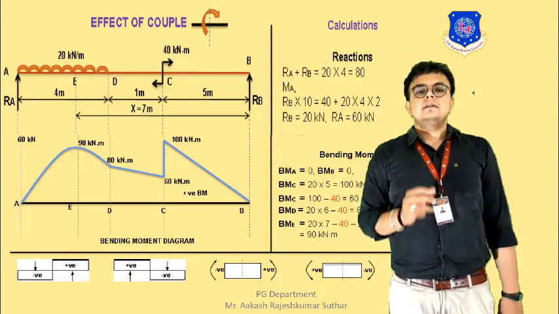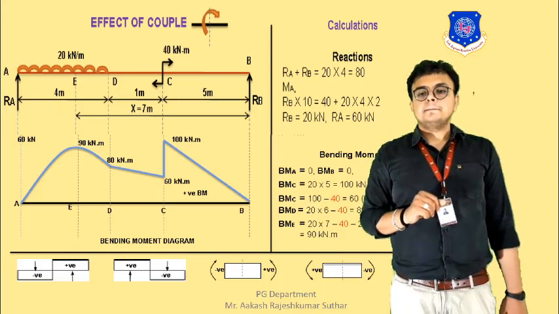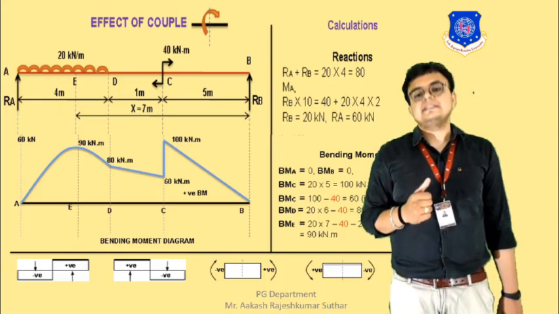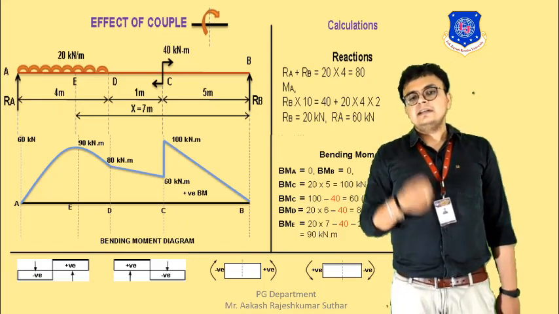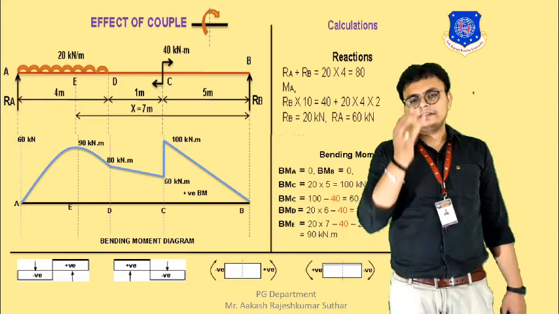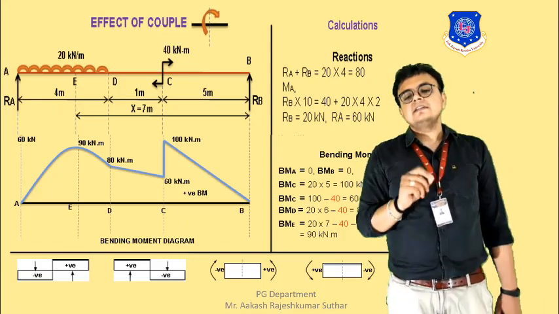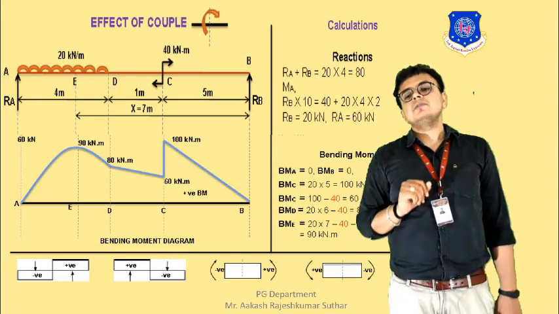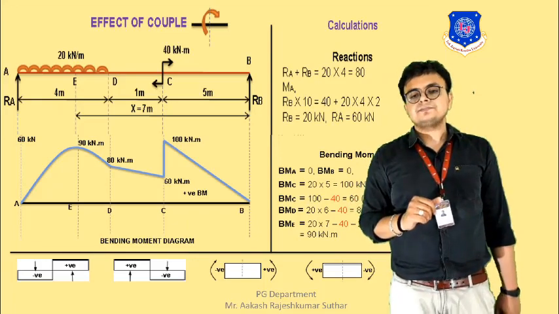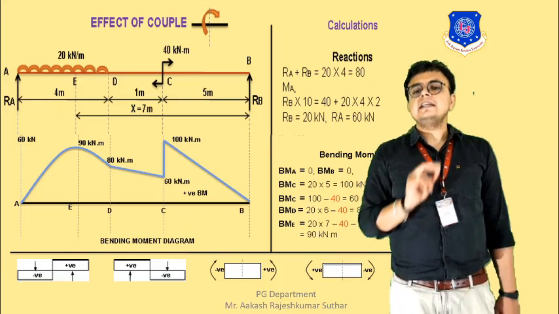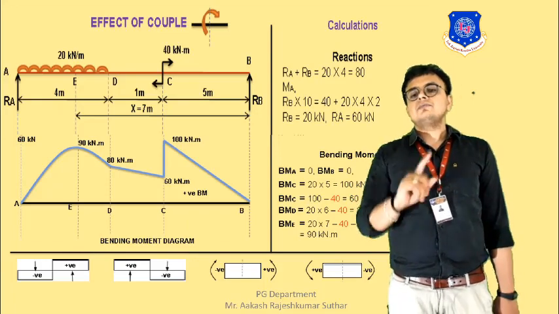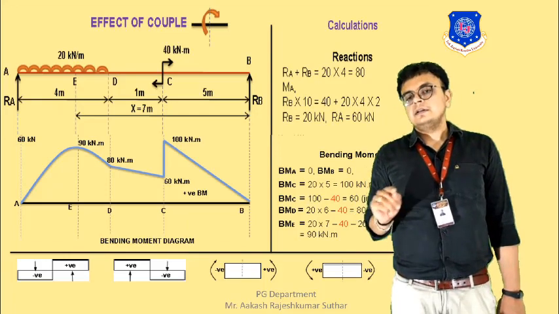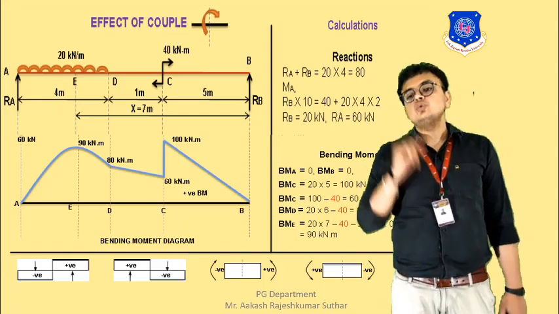And at point E we will also have a moment. That is at a distance 7, meaning at point E the shear force was 0, so definitely here the bending moment will be the maximum. So bending moment at E will be equal to 20 into 7 minus 40 minus 20 into 1 into 1.5.